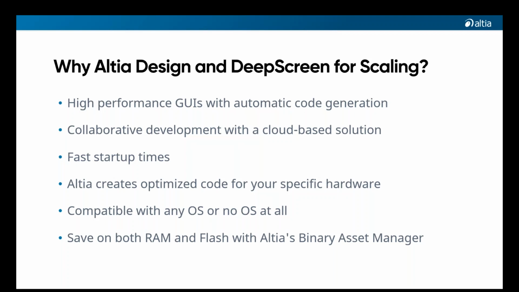Altia provides an integrated system to optimize your graphical assets. Our binary asset manager automatically chooses an optimum color depth and compression algorithm for each graphical asset in your design. We support the full range of GPU graphical and compression formats, including things like ETC, ASTC, DXT, RLE, etc., and it's all automatic.